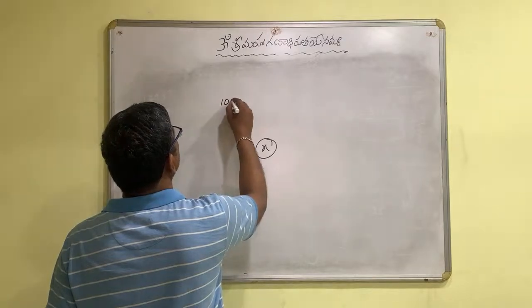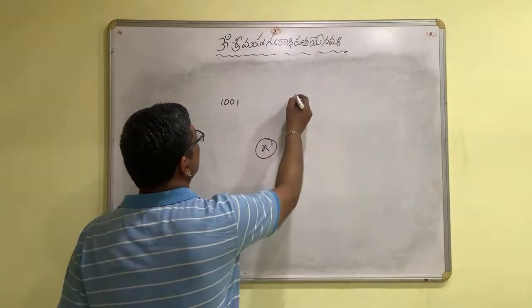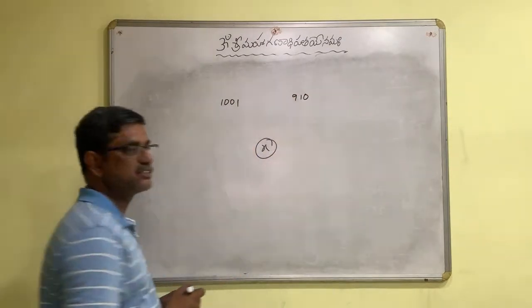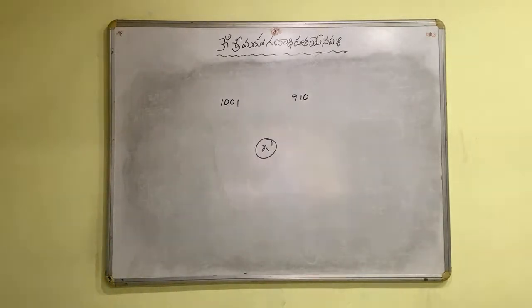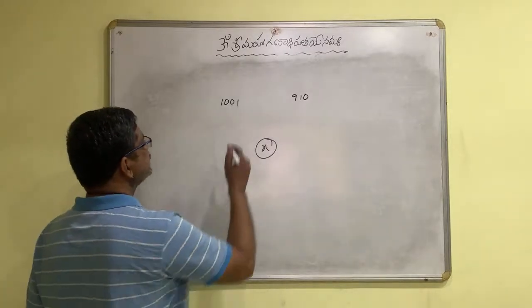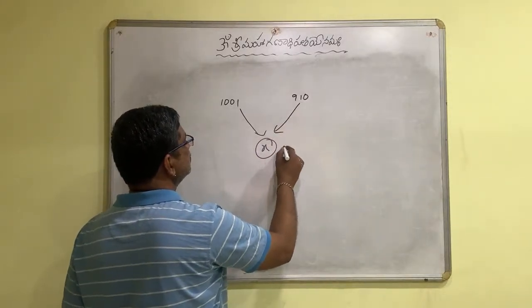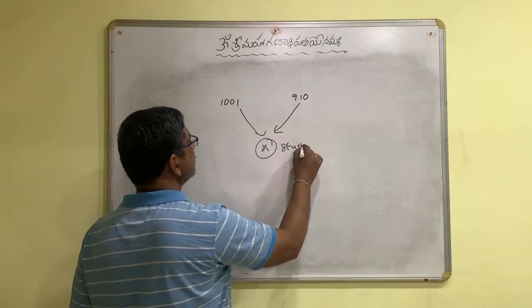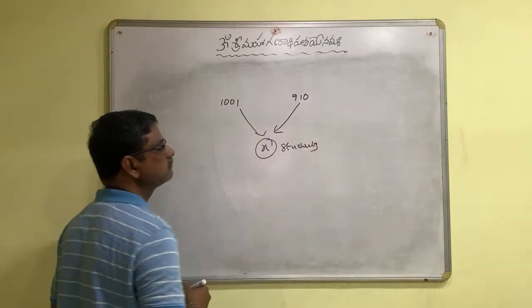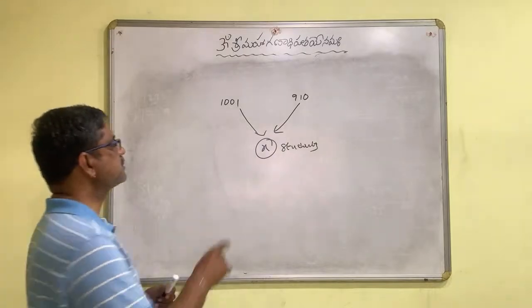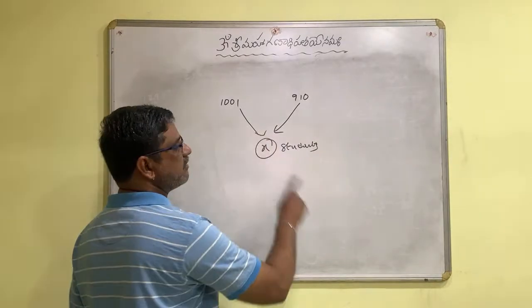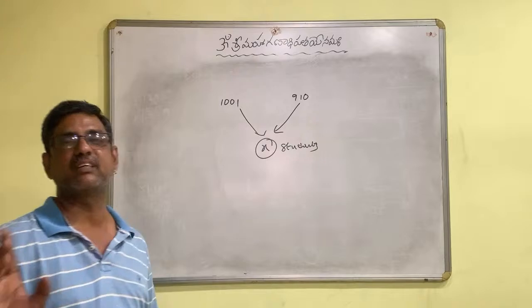There are 1001 pens and 910 pencils. They should be distributed to these x students so that each student will get the same number of pens and the same number of pencils.